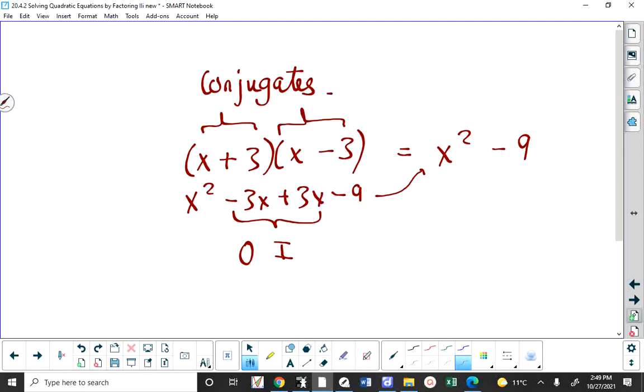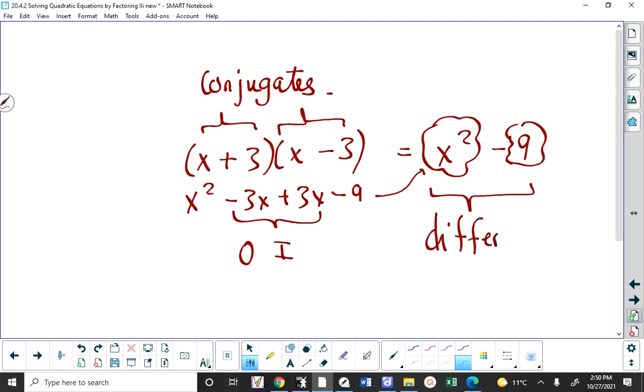I want you to notice, though, that this x squared is the square of the first term, because it's x times x. And I want you to notice that this 9 is the square of the second term. 3 times 3 is 9. And this is what you call in grade 10 math a difference of squares.